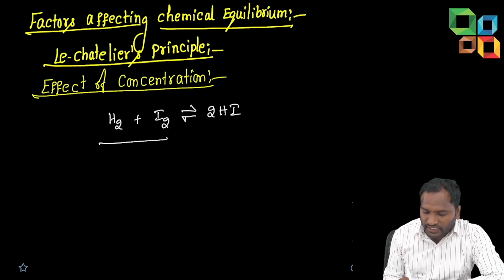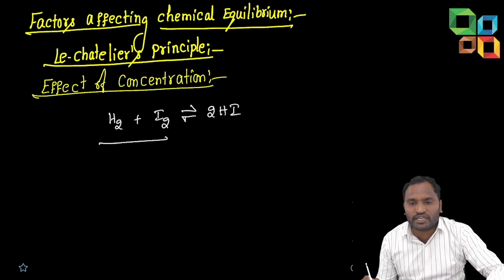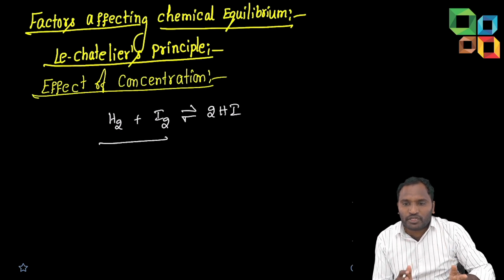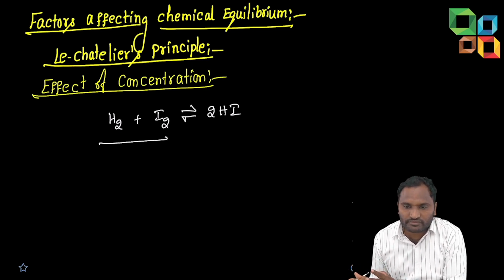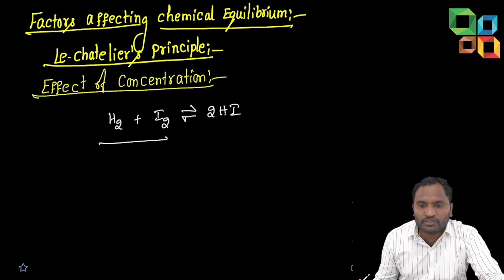If I increase the reactant concentration, or any one reactant concentration, equilibrium moves towards the product side. So an increase of concentration of reactant shifts the equilibrium towards the product side.